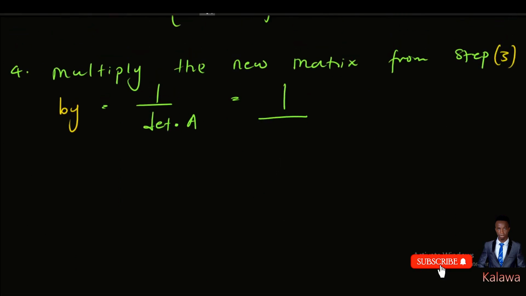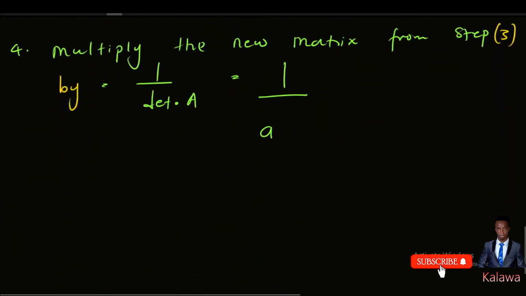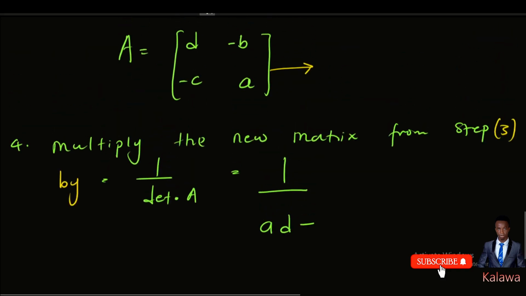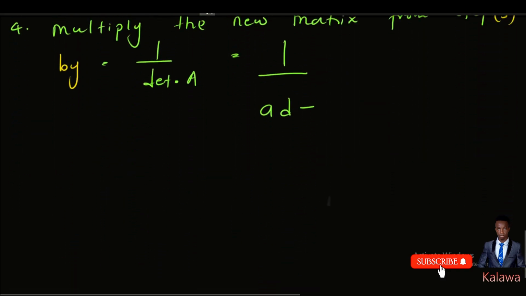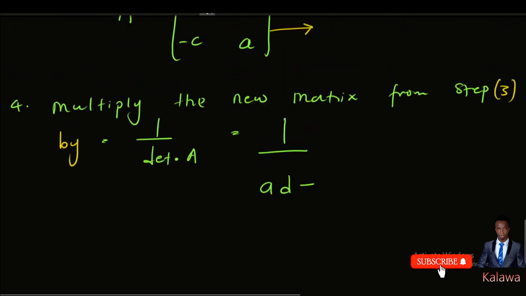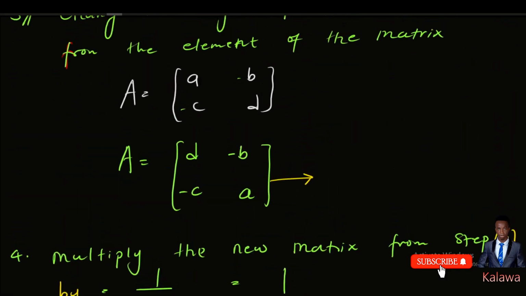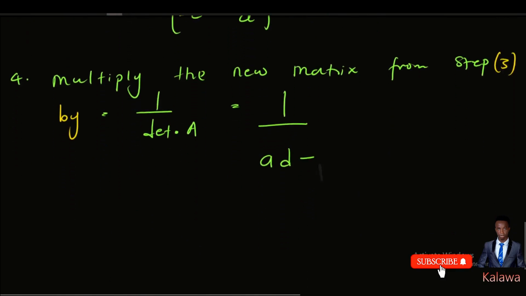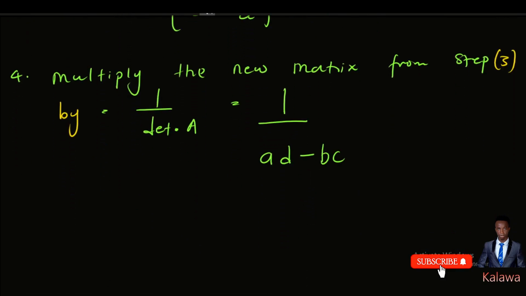This is going to be 1 divided by the determinant of A. What's the determinant? It is not AB. It is AD minus BC.